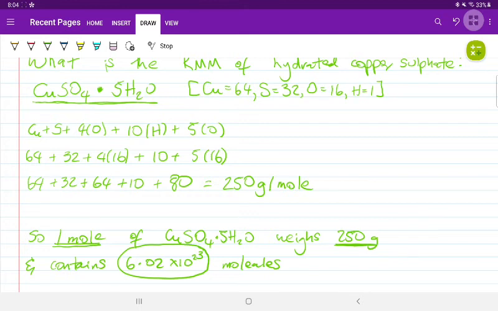Once you understand the idea that if you have 1 mole, that 1 mole always contains this number of particles, and all those particles will have a mass given by the RMM, or if it's an element, given by the RAM.